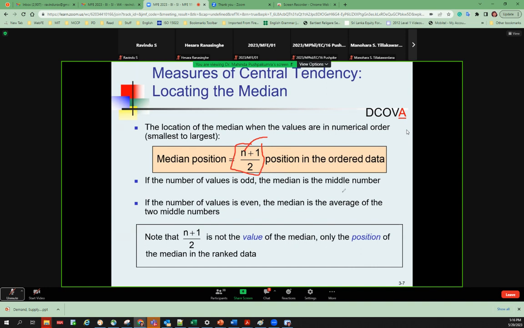It's the middle number. If the number of values is odd, the median is the middle number. If the number of values is even, the median is the average of the two middle numbers.